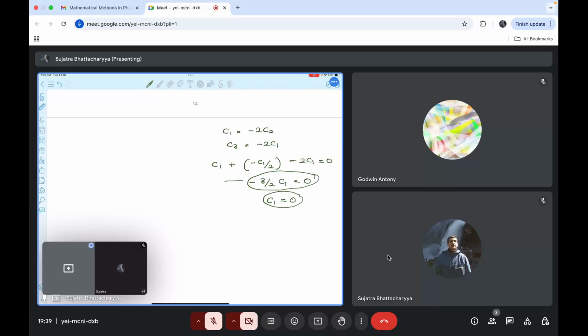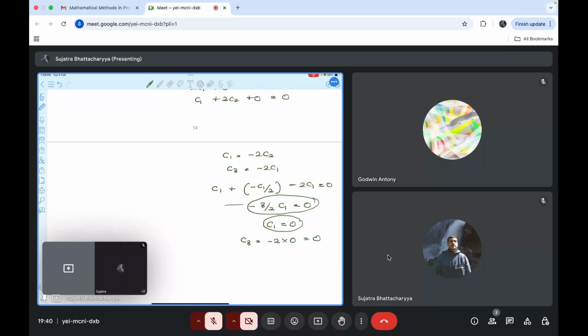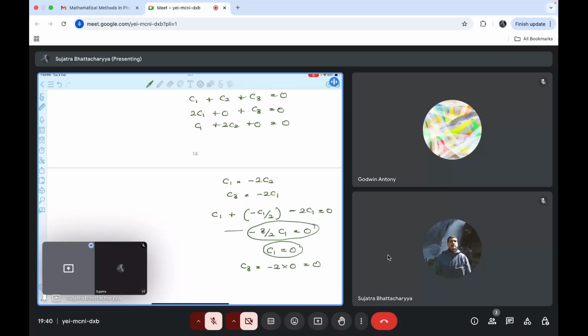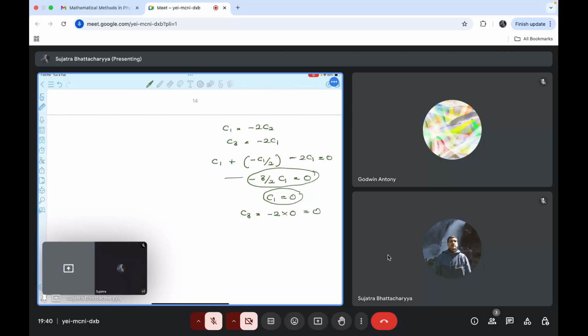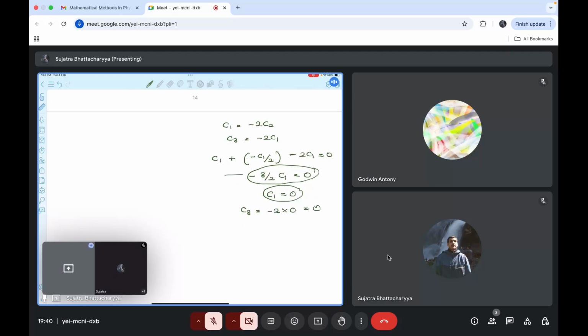If C1 is 0, put it in C3. C3 will be minus 2 into C1, which is 0, that is 0. If C1 is 0, of course, C2 will also be 0 from here.